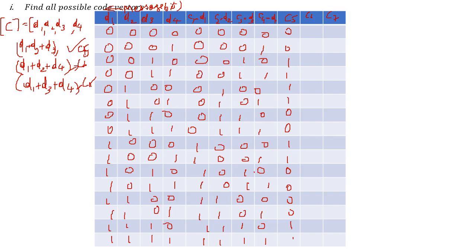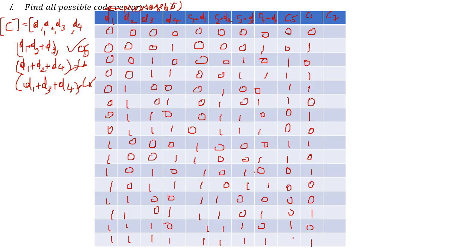Next for C6 we are going to use the equation D1 plus D2 plus D4. First element, second element and fourth element you are going to add and you are going to get the respective bit. So it will be 0 1 0 1 1 0 1 0 1 0 1 0 0 1 0 1. The next one again is D1 plus D3 plus D4.